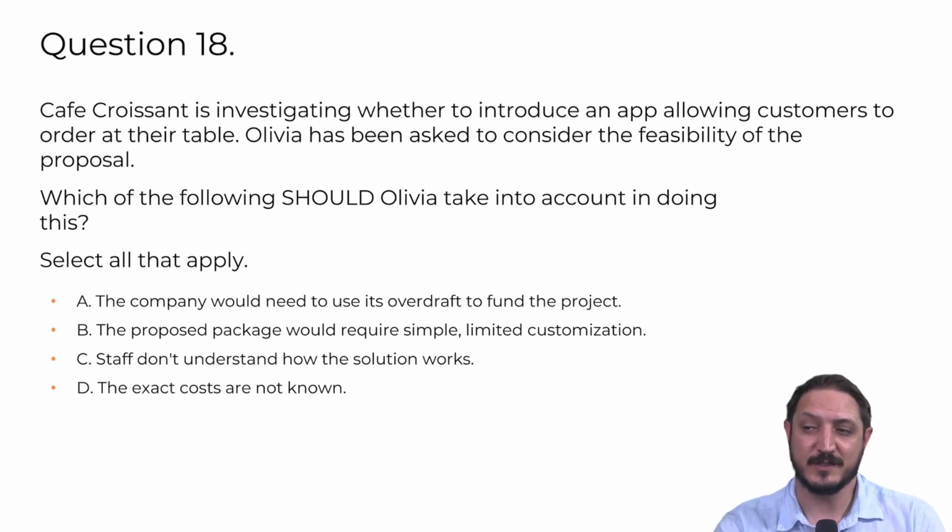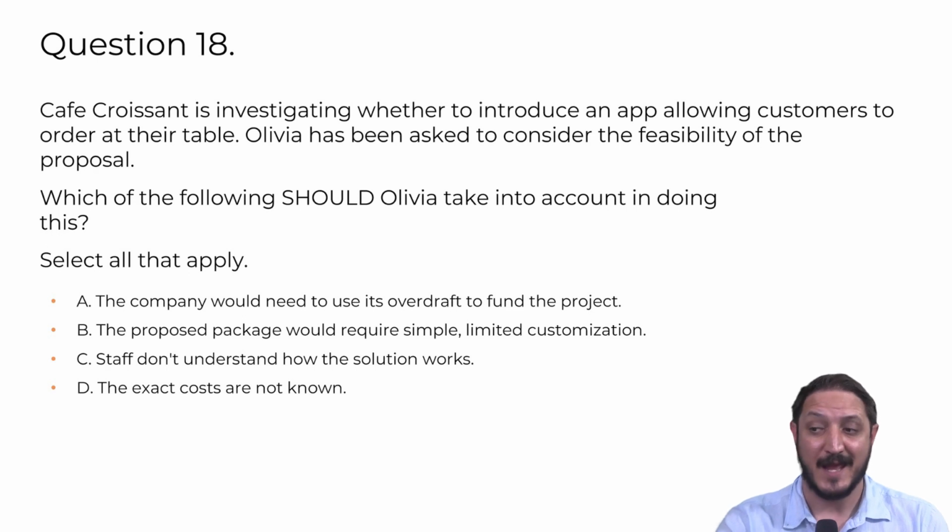Then we've got 4 options here. A, the company would need to use its overdraft to fund the project. B, the proposed package would require simple, limited customization. C, staff don't understand how the solution works. And D, the exact costs are not known.